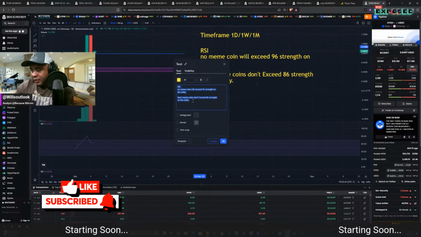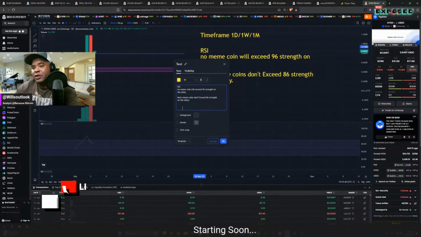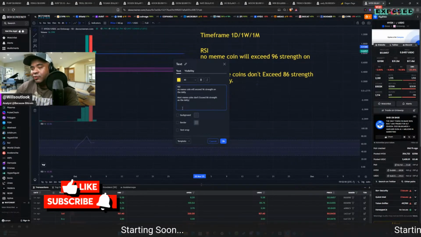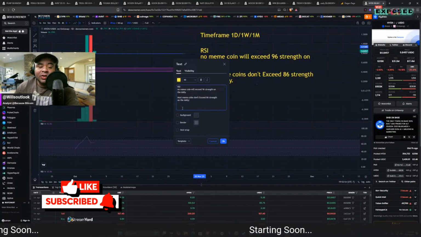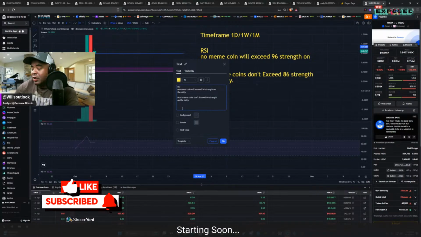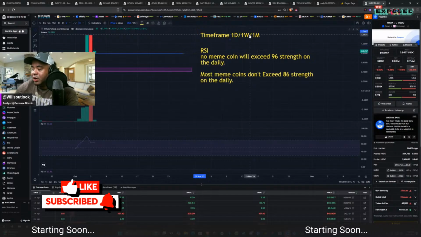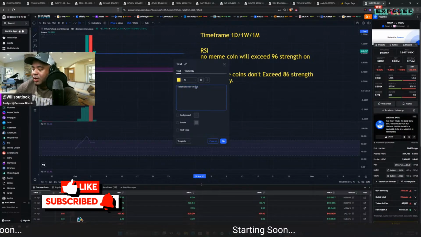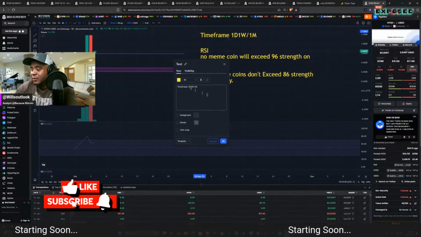So we've got 2 rules to go by. Do I need more rules to prove myself on this? Not really, because these are quick in and outs, right? Typically, I'm looking to run these only with meme coins. I'll tell you this. I don't have massively high expectations for a lot of these, right?